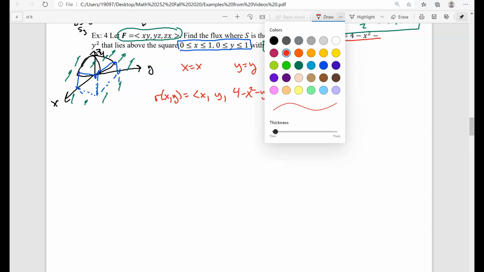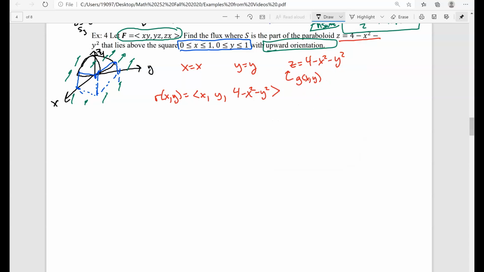Okay, so to find the flux, the flux is the double integral over the surface S of the force vector multiplied by the normal vector, dS.